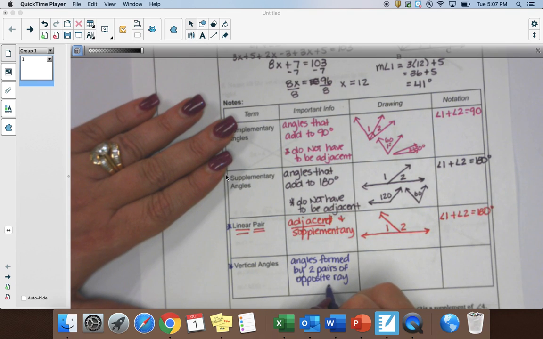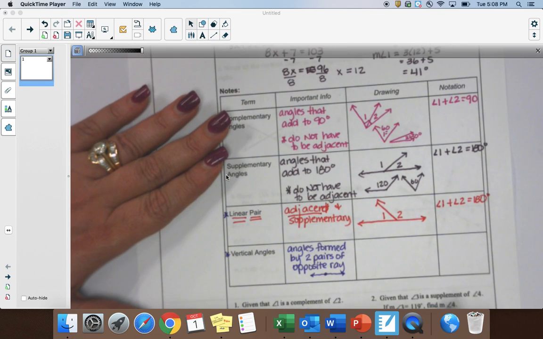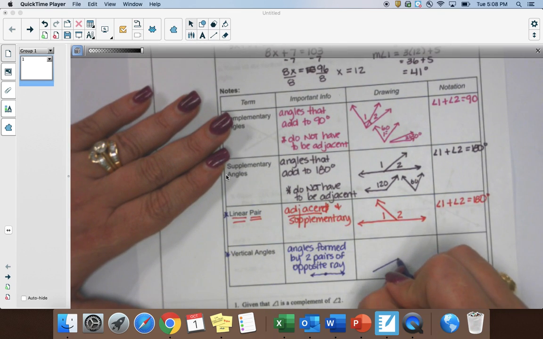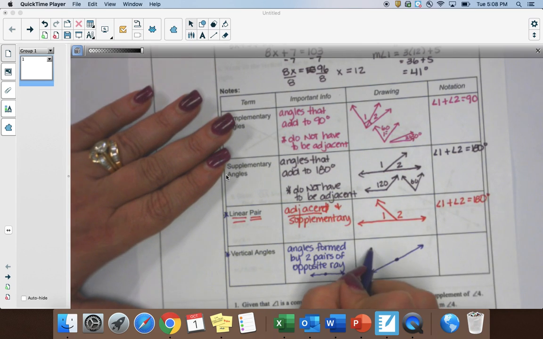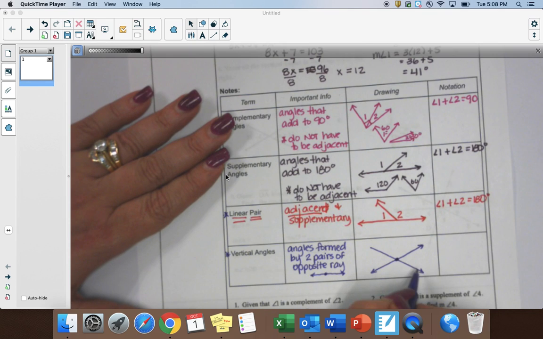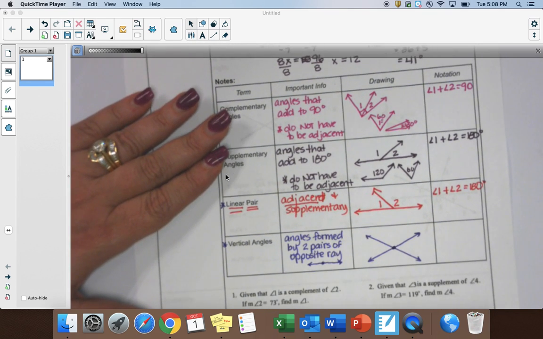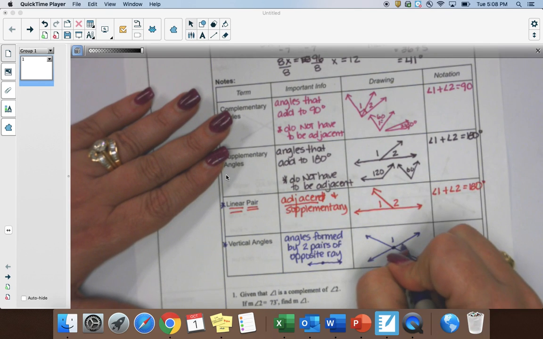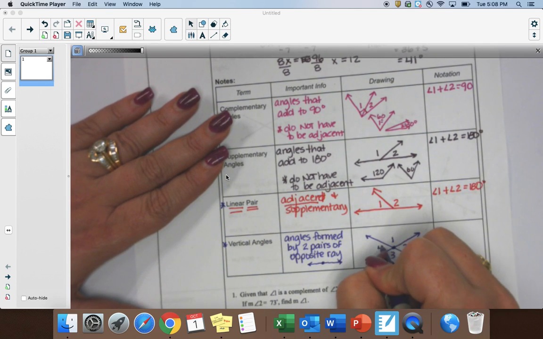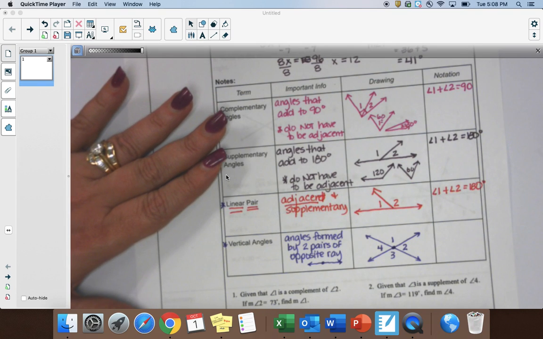They are rays that share a common endpoint that go in opposite directions like that. So for vertical angles, you would have those opposite rays and these opposite rays. You can see how they form an X. They're two straight lines. And if I number these angles this way, our vertical angles are the ones that are opposite of each other.